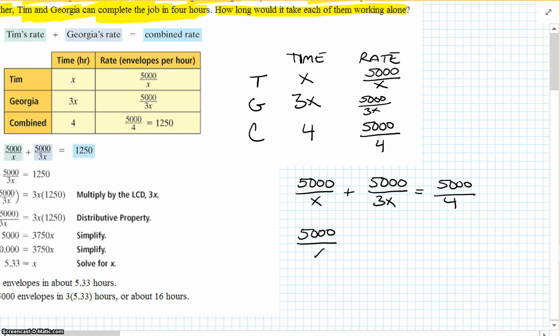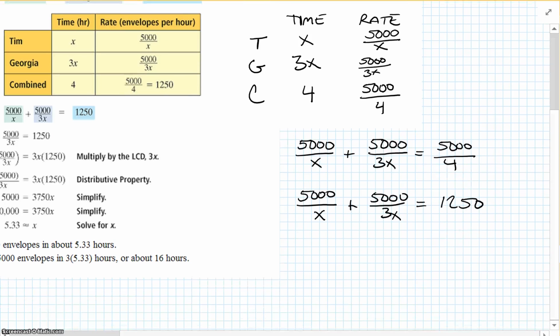So I got 5,000 over x, that's Tim's rate, plus 5,000 over 3x, you notice I haven't done anything yet. That's Georgia's rate, equals, well, 5,000 divided by 4 is 1250. Now, what's the LCD? What's the least common denominator of all this stuff? Well, I have an x and a 3 and an x. So 3x.